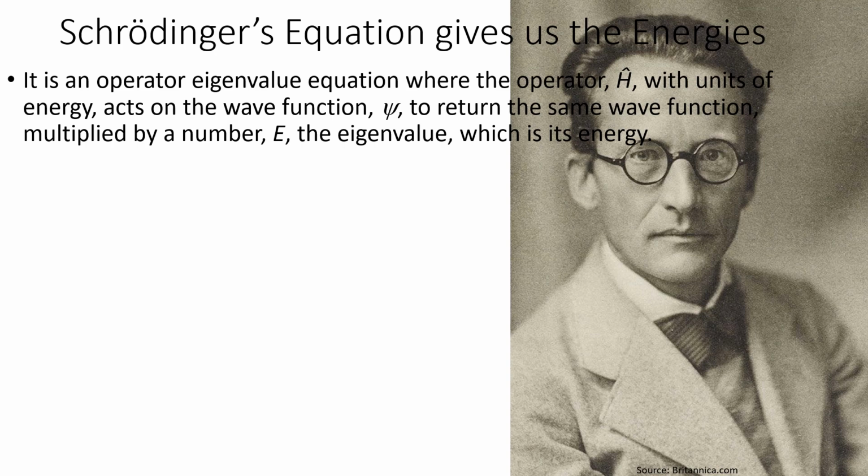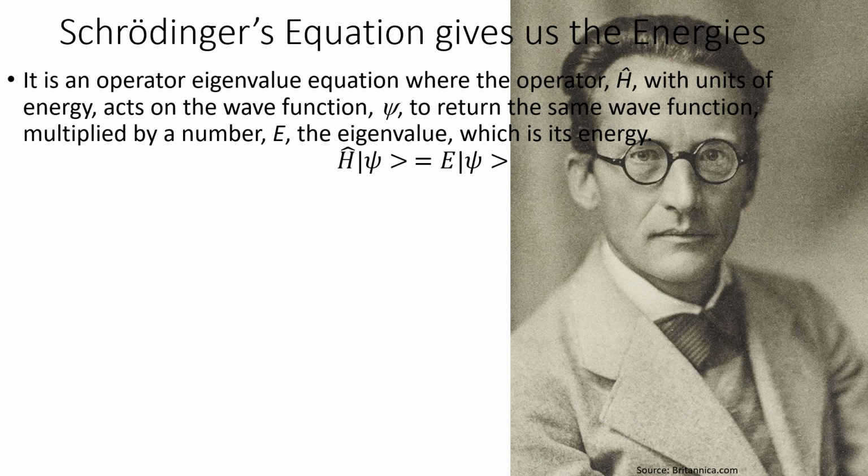Very often when you meet this in maths, the operator will be a matrix and the wave function will be a vector. As it happens, wave functions are often written like vectors, and these Hamiltonians are often written as matrices. That's no coincidence.